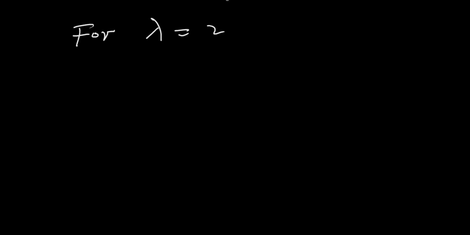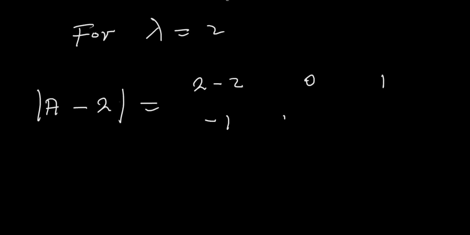Then we have A minus 2 equals 2 minus 2, 0, 1, and negative 1, 4 minus 2, negative 1, then negative 1, 2, and then minus 2.